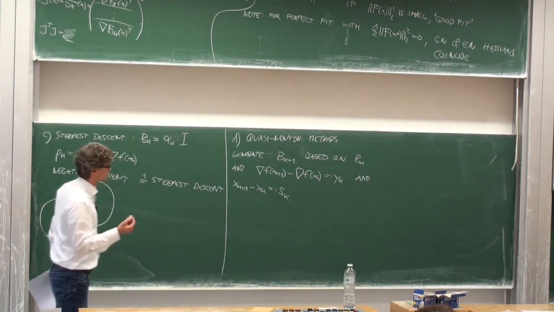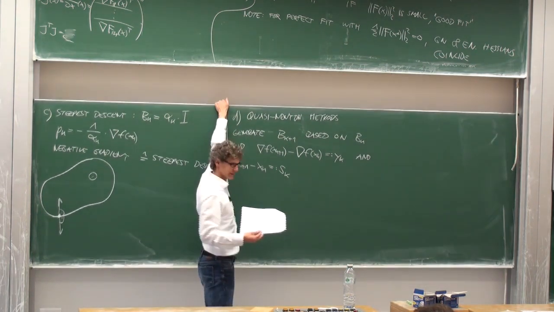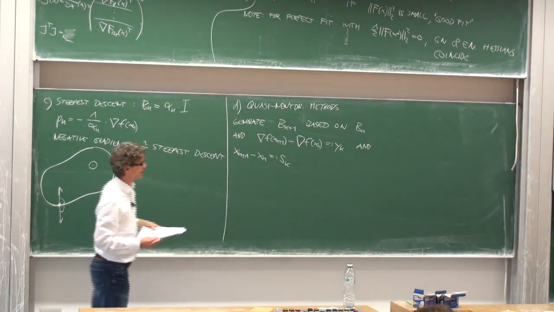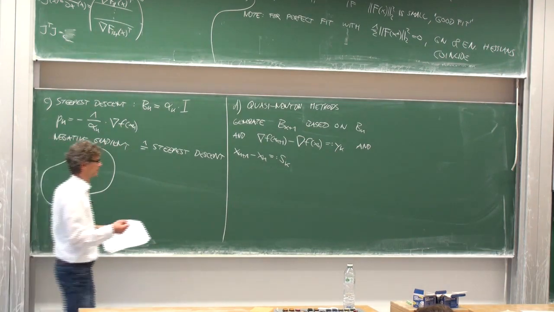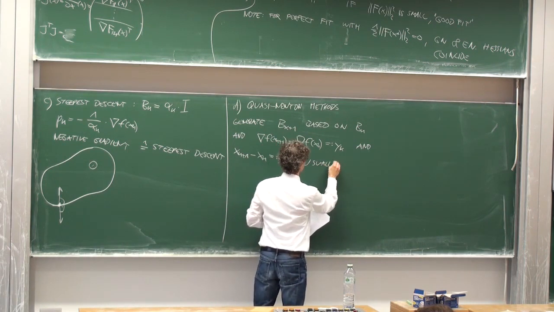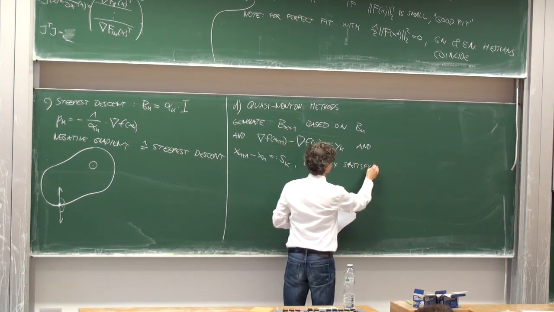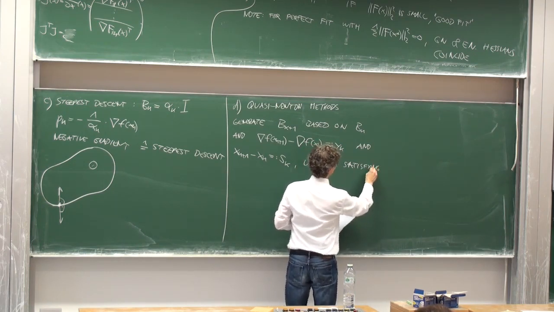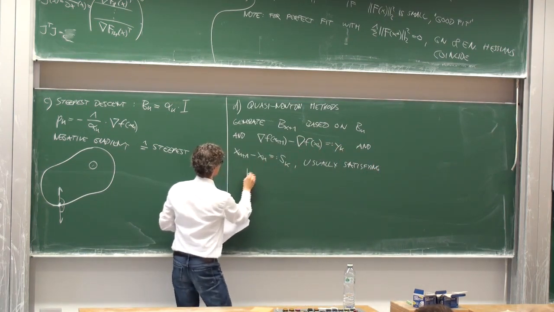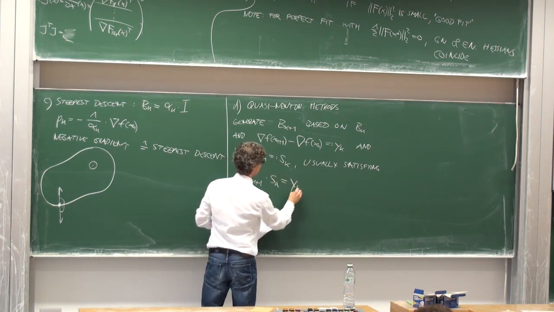And so this is a whole family of methods. There exist many, but one thing that they always satisfy, or nearly always, is the following property: that bk plus 1 times sk should be equal to yk.